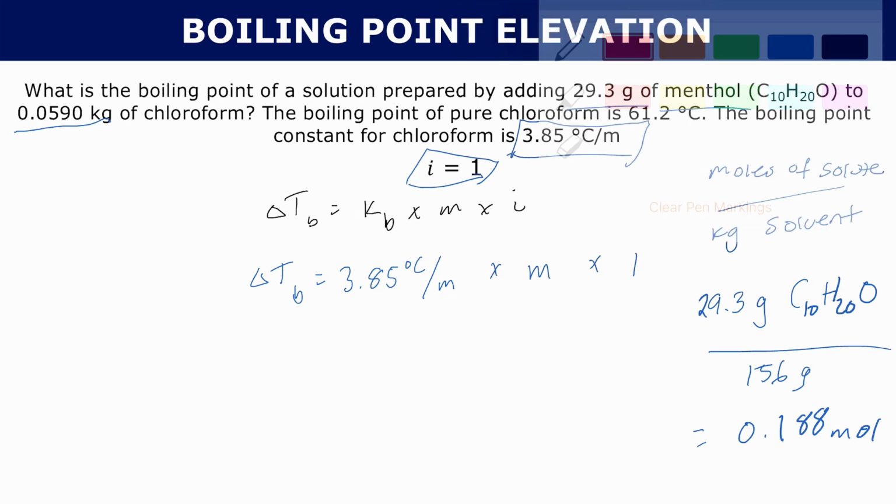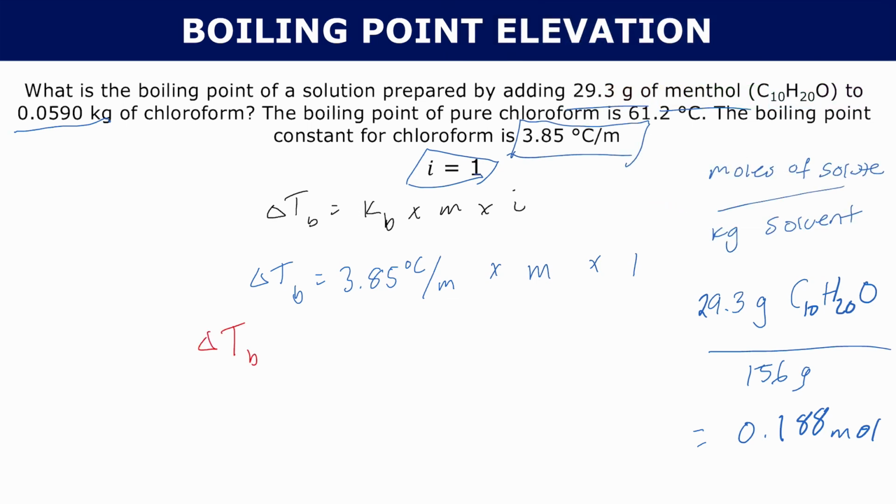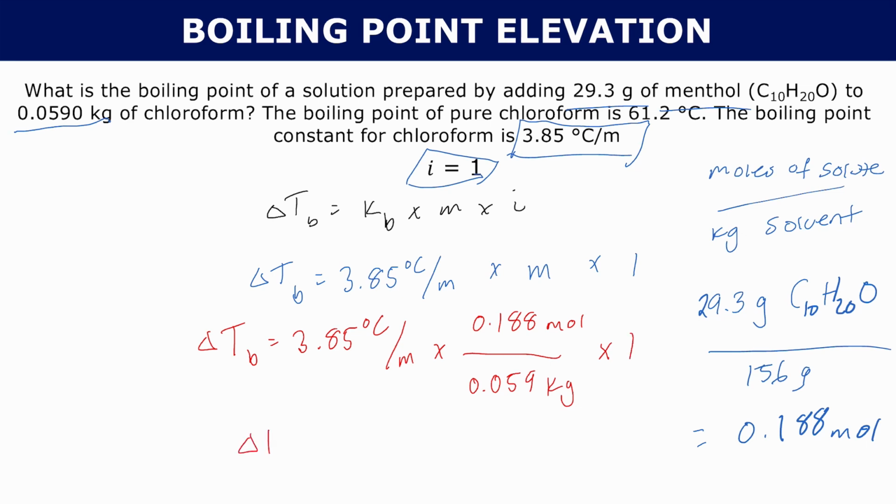So we know that the change in Tb equals 3.85 degrees Celsius per molality times 0.188 moles over 0.059 kilograms times 1. And if you solve for change in Tb, it's going to be about 12.26 degrees Celsius.